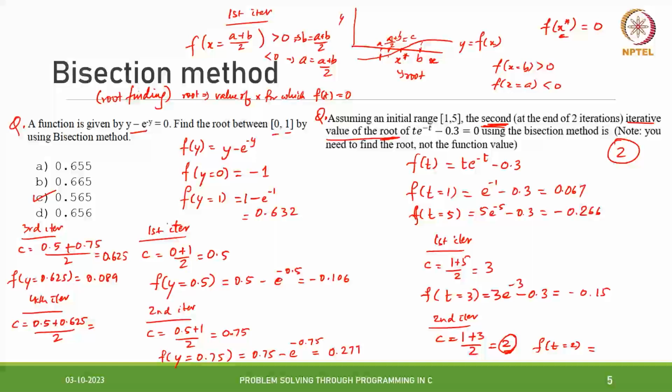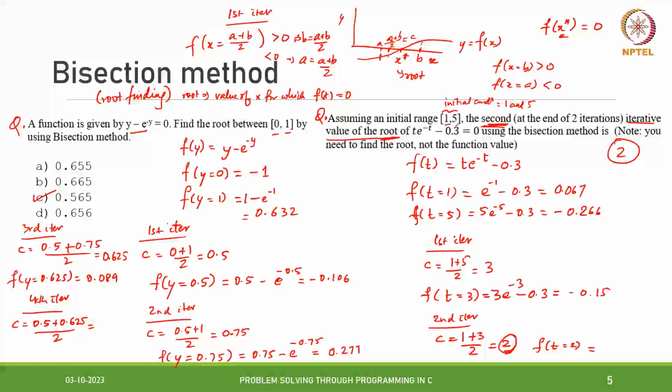Now for the bisection method particularly, I need two initial conditions on opposite sides of the root. So here the initial conditions are 1 and 5. Why? Because 1 is on the positive side and 5 is on the negative side.